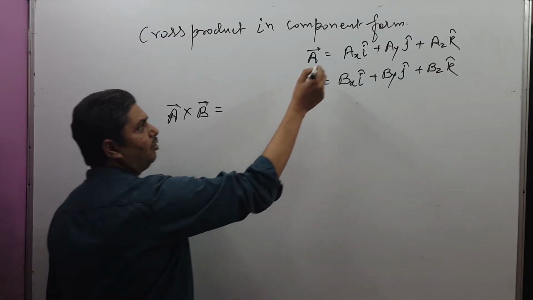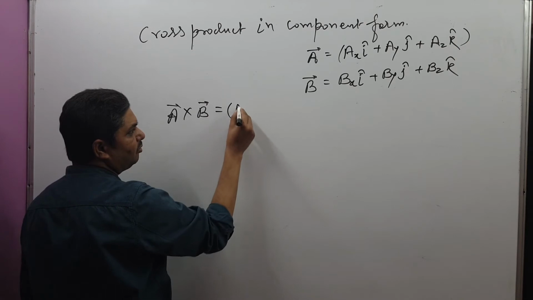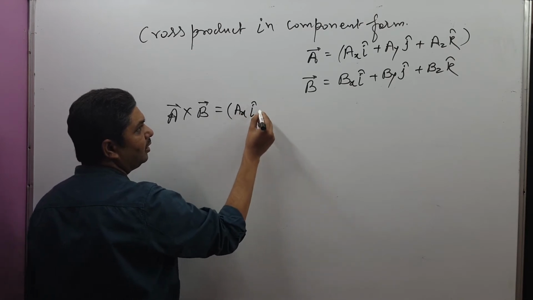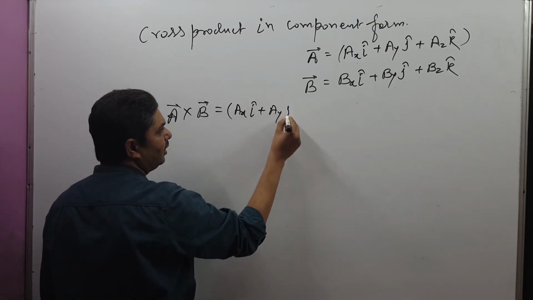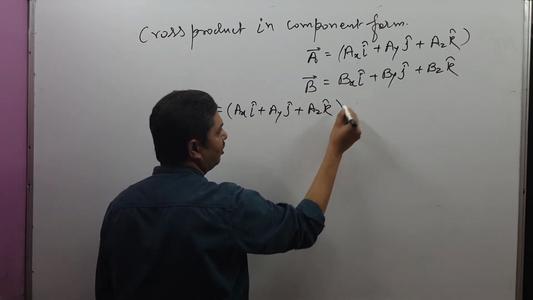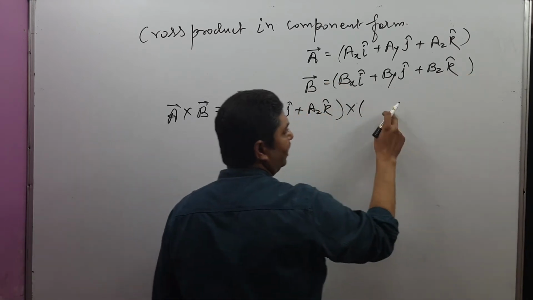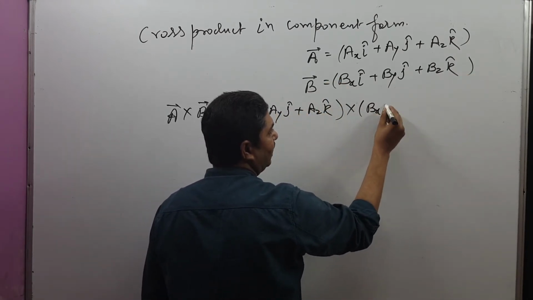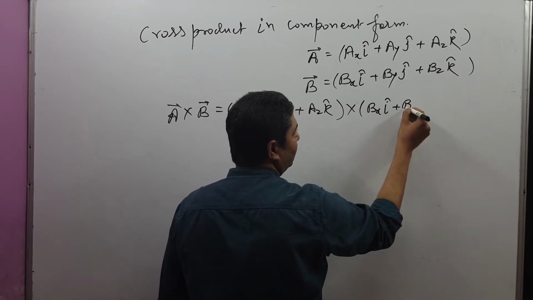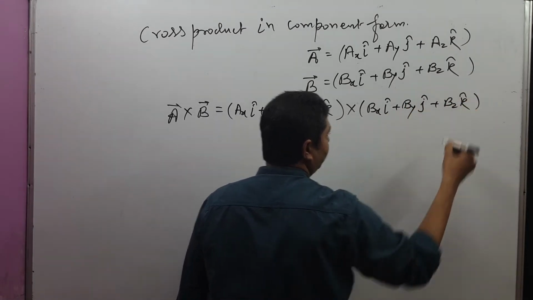If I am writing vector A cross B, then put the value of A, this whole term here, this is equal to AX i plus AY j plus AZ k, cross. Put the value of the second term B at this place: BX i plus BY j plus BZ k.